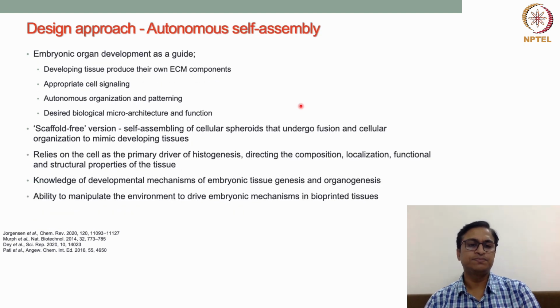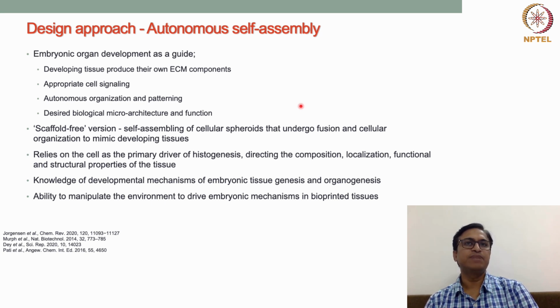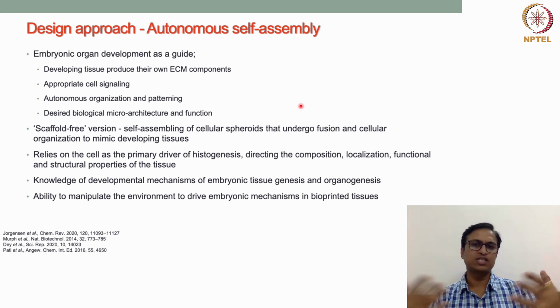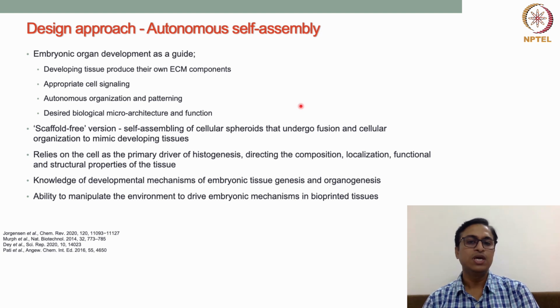The next design approach is autonomous self-assembly. In self-assembly, if you put the cells together, they have the intelligence to assemble with each other, form groupings, and then start the tissue building process. That process can be autonomous, and the clue here is from embryonic organ development.